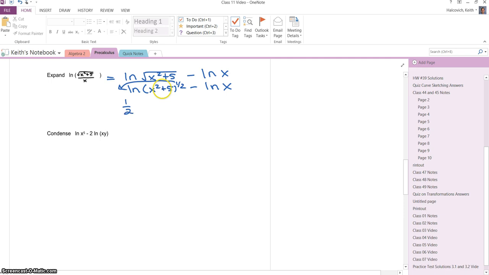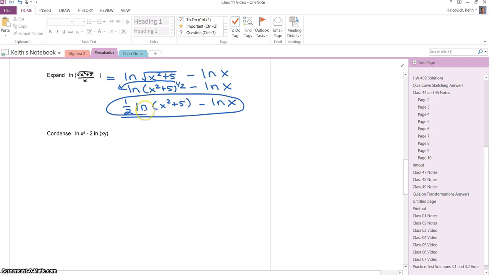So you have 1/2 ln of the quantity x squared plus 5 minus the ln of x. You don't roll this exponent to the front because it's not the exponent of the whole term. It's just the exponent of part of the expression. You only raise the exponent of the term of the ln. So this is your final answer.